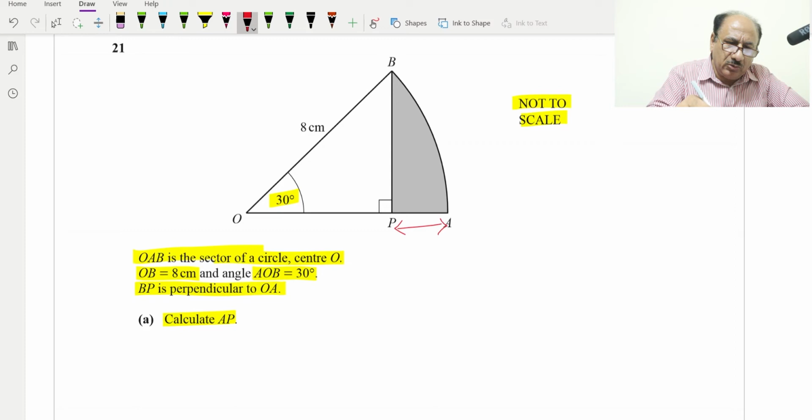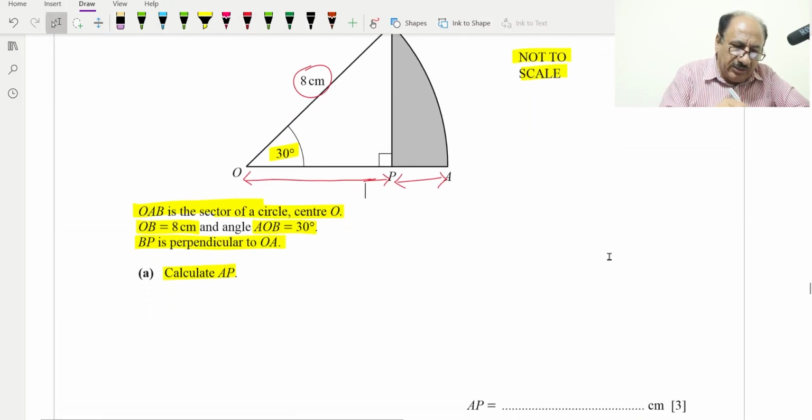We know this OA is 8 because this side is 8, so from here till here is 8. So if we are able to find this distance up to this one, we will subtract from 8 and we will get PA. So we can use this triangle. This will be adjacent over hypotenuse, which is cos of 30 degrees.